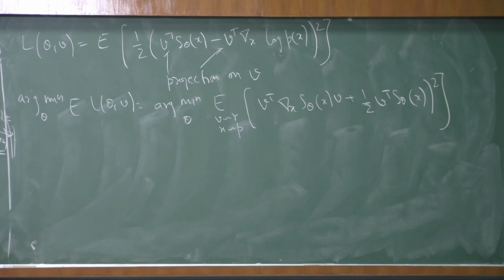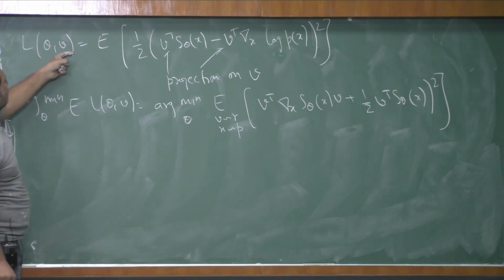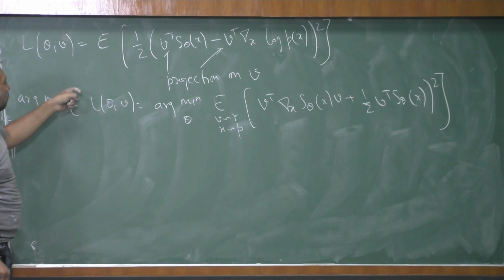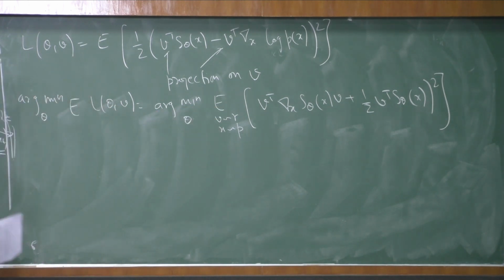This was a result that was also proved in the last class: if I change the minimization with this projection, then the objective will look like this.